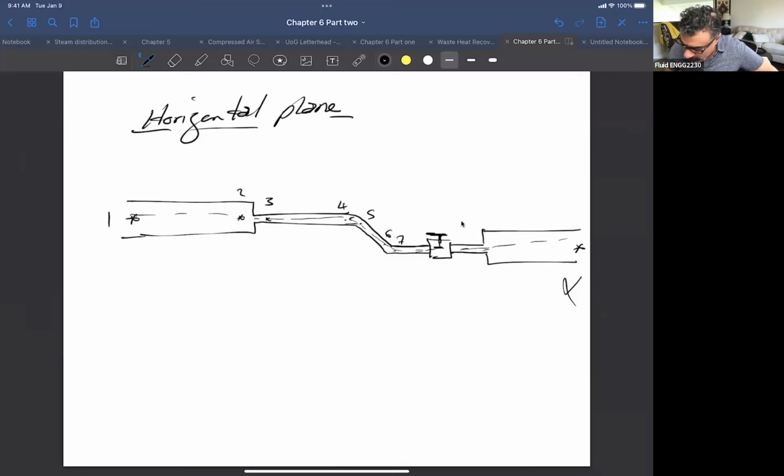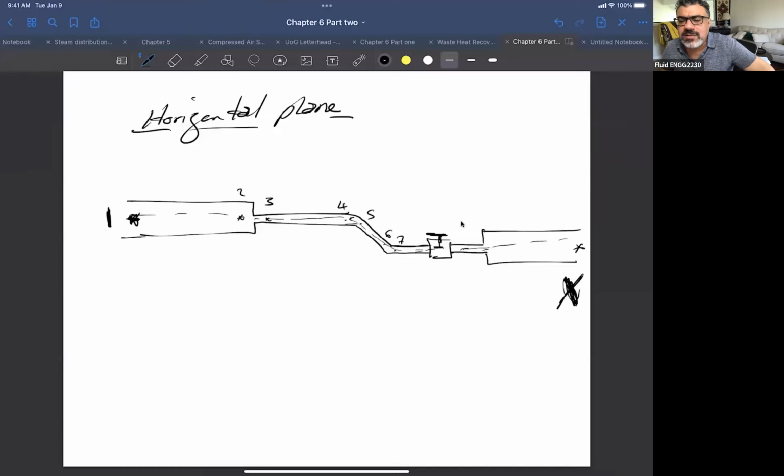If I go to point X here, between 1 and X, what will be the total losses? Is it some of these or all of these? So it is basically the summation of all the losses, right?